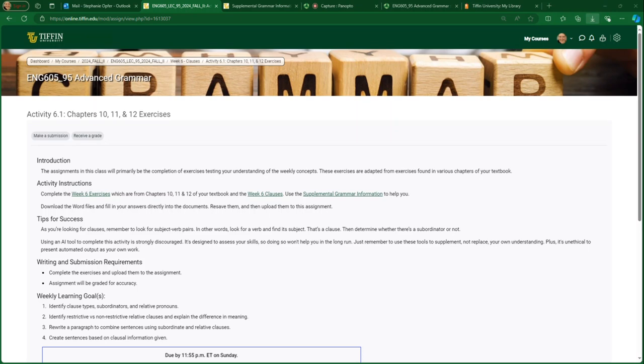And then determine if it's a relative clause, or if it's just a subordinating clause, or maybe there's not either. Because remember, relative pronouns don't have to be functioning as the head of clauses. They can be functioning as just a simple pronoun. So if there's nothing in the sentence, just leave it blank.